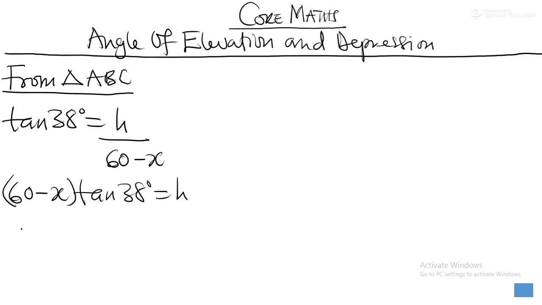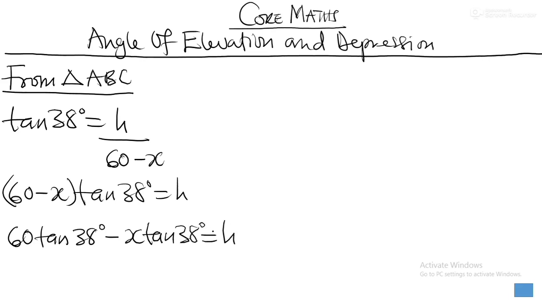Expanding, we have 60 tan 38 degrees minus x tan 38 degrees. I hope you are following. Good. So now we have to get the value of tan 38 degrees, and do the multiplication and simplification.